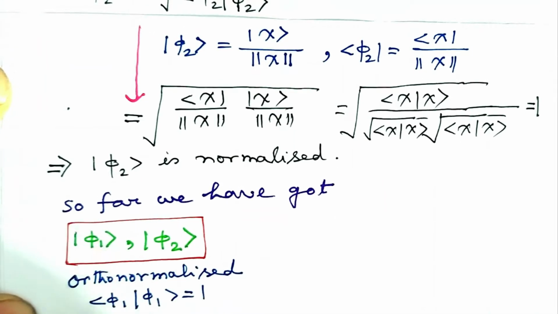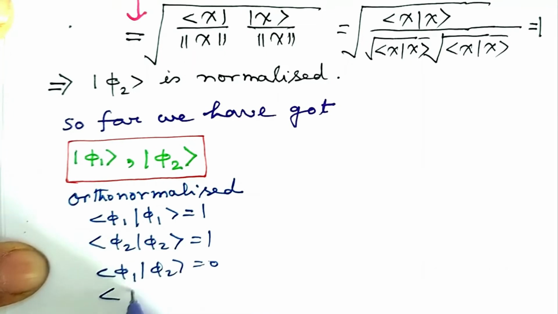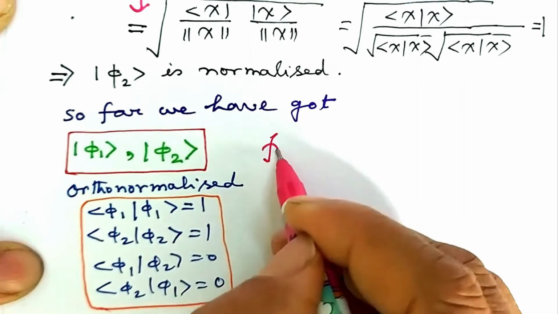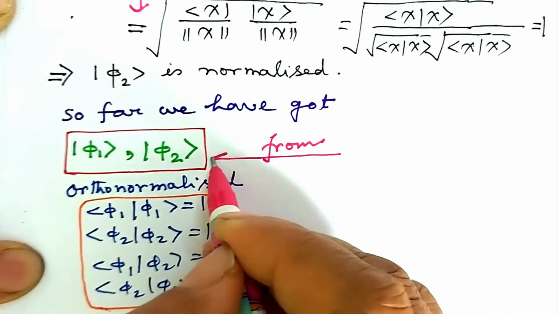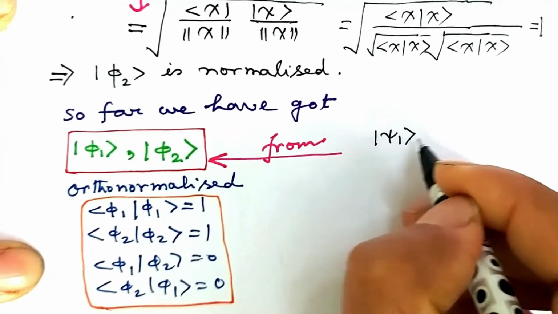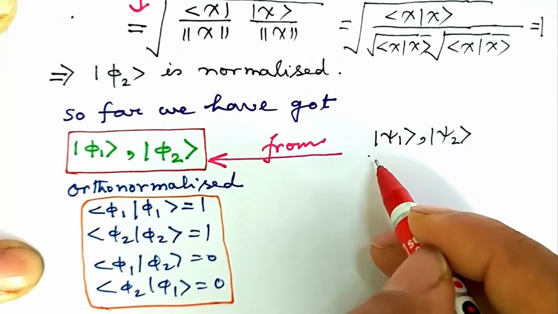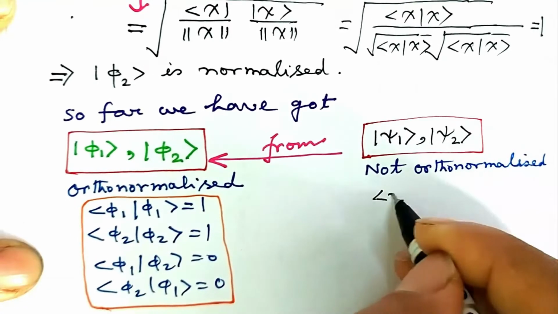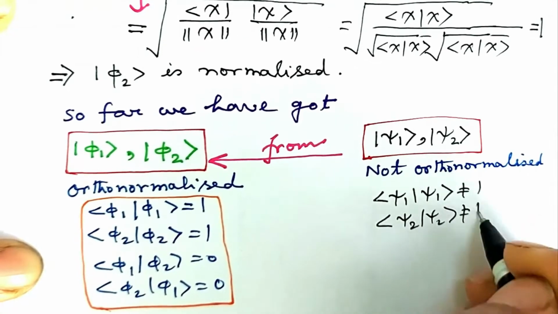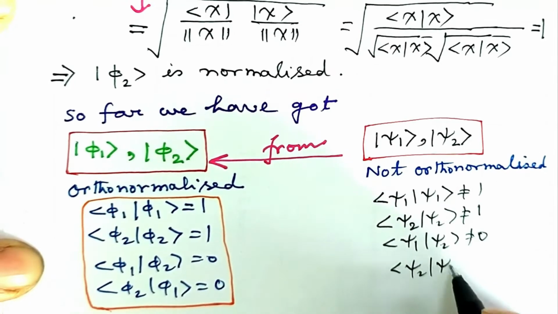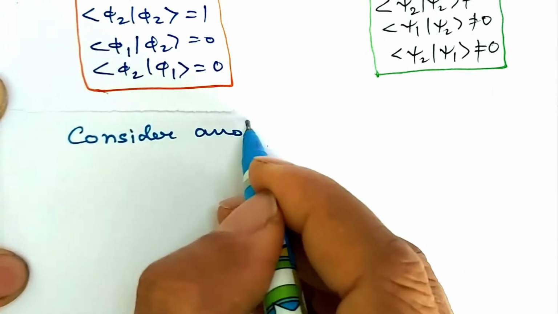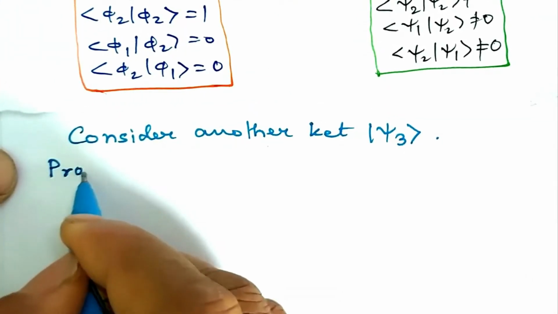That is, this set has been derived from the two kets we started with, that is ket psi 1 and ket psi 2. These kets are not orthonormalized. Now consider another ket psi 3.